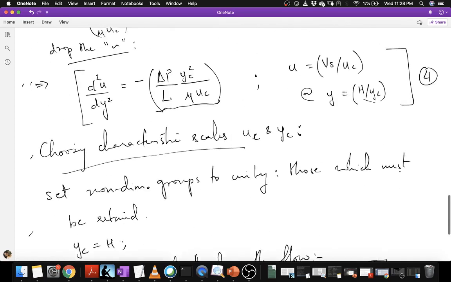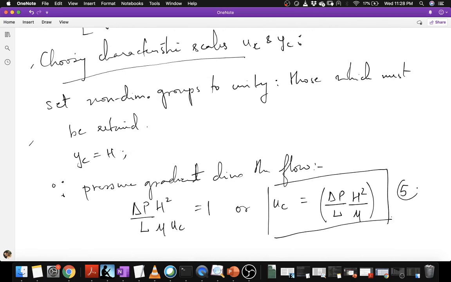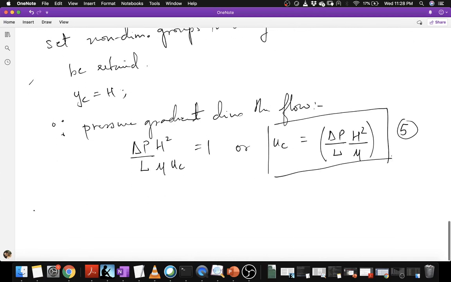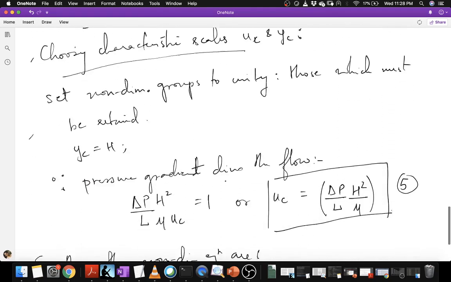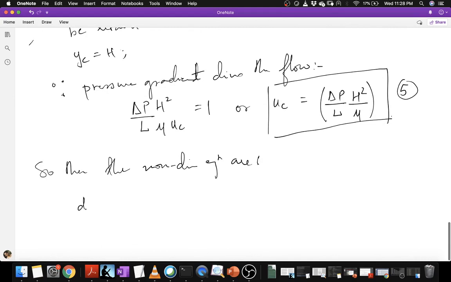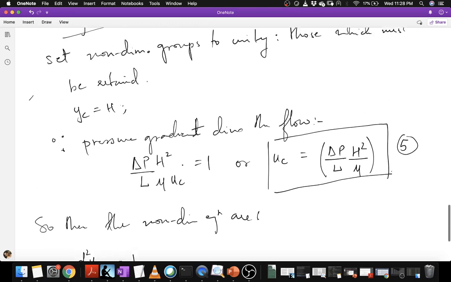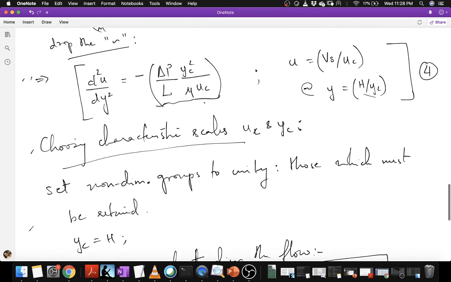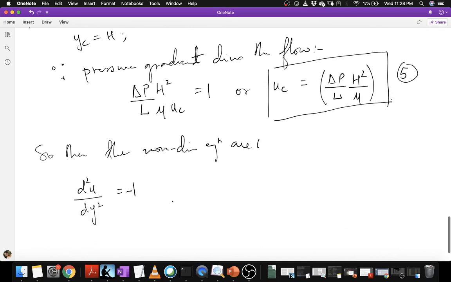Okay, so let's call this phi. Then the non-dimensional equations become d2u by dy squared is now equal to 1 minus 1. Yes, because I have chosen uc such that this is 1.